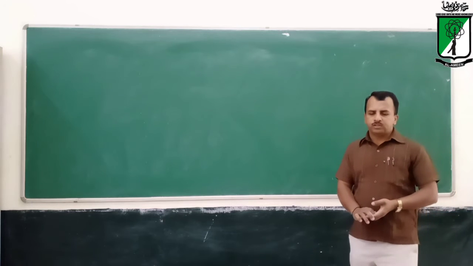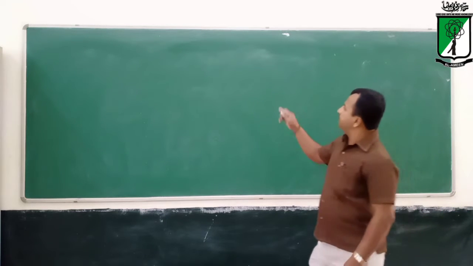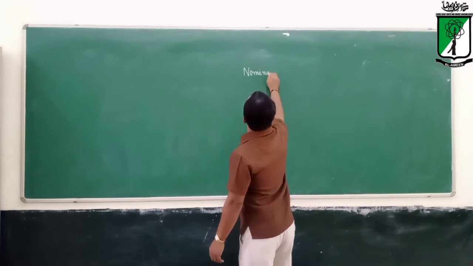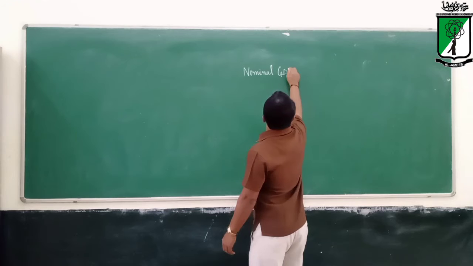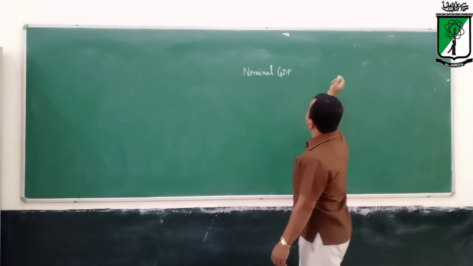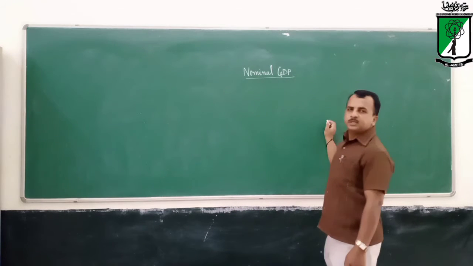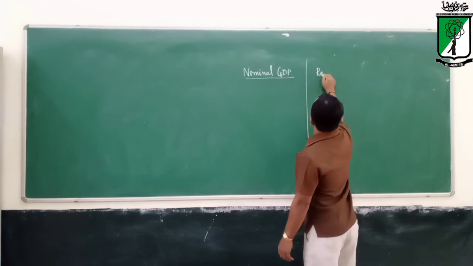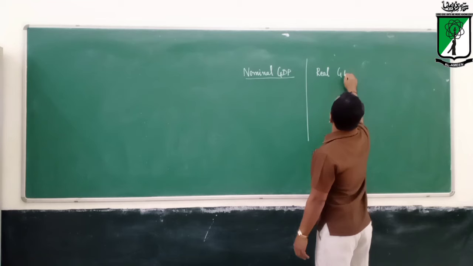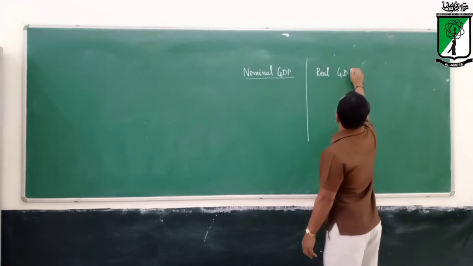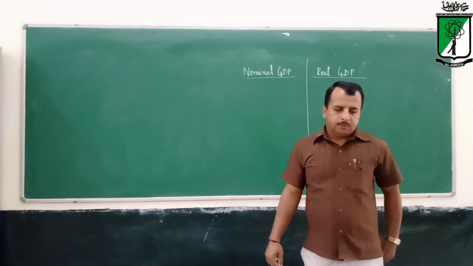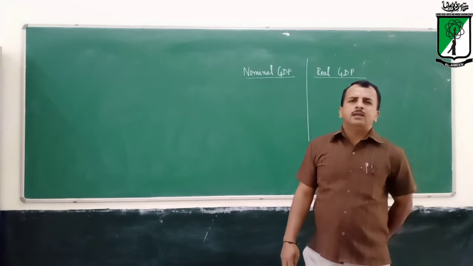So let's concentrate. Okay, see, nominal GDP. GDP means what exactly? You already know very well. Gross domestic product. So nominal GDP and real GDP, real gross domestic product. Okay, so what exactly do we consider here?